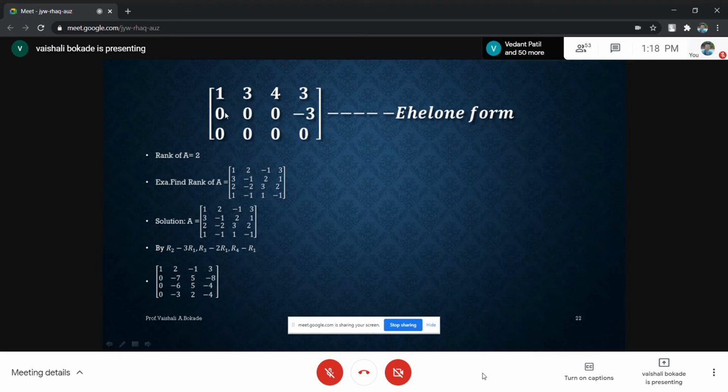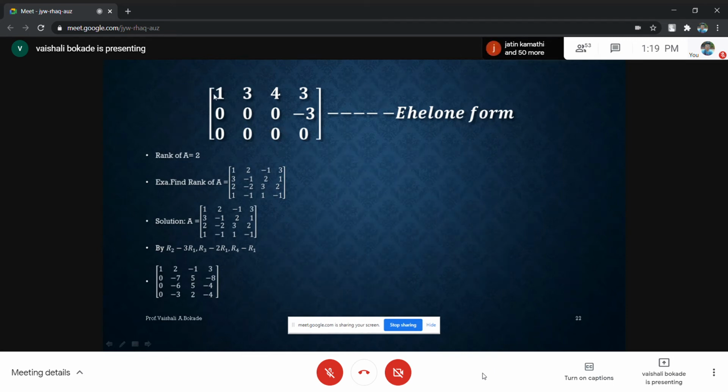But what I find is that, except for the element at the 2 2 place, the other elements in column 2 below the diagonal are 0, and the element at the 3 3 place is already 0.